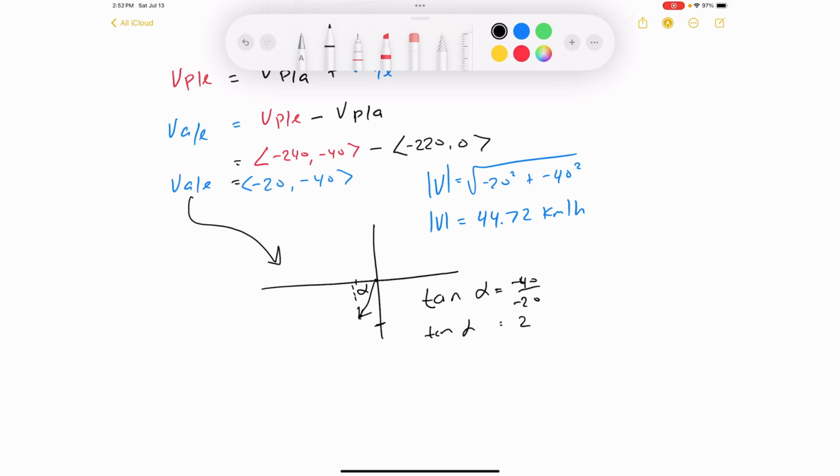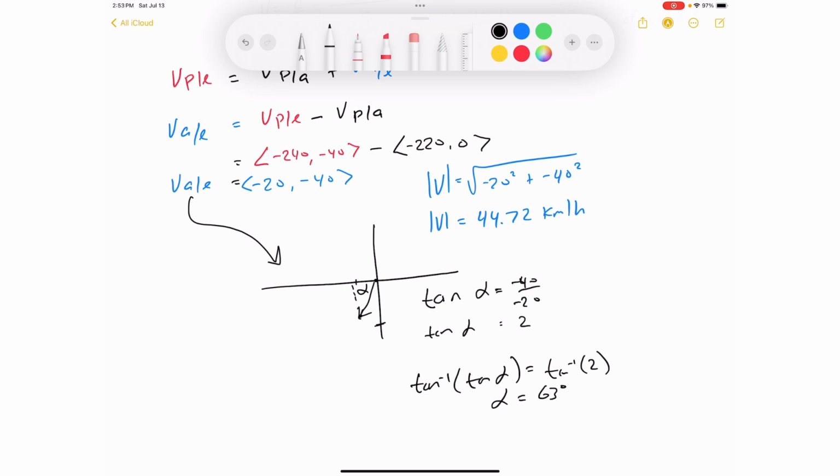So if I take the inverse tangent of both sides, because it's an equation, you'll end up with alpha equals the inverse tangent of 2. And if you do that, you'll get 63 degrees.